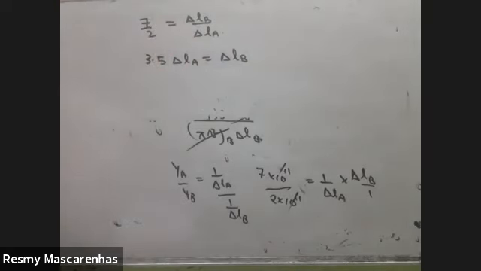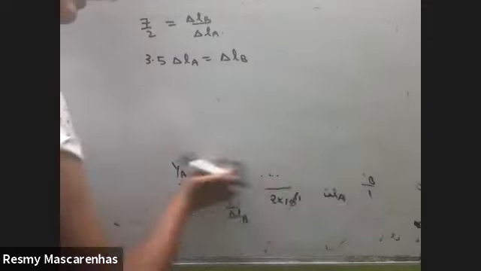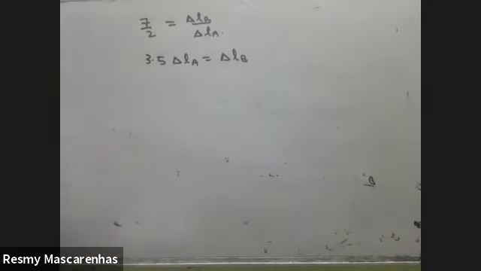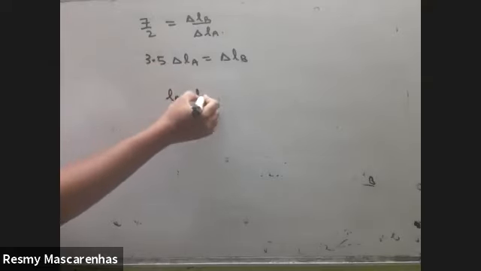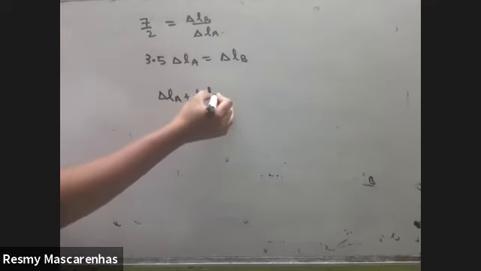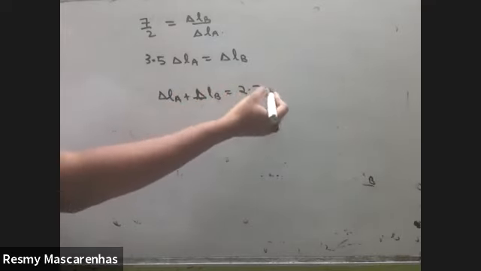So your aim is to find what is delta L_A and delta L_B. Another thing that has been given is their composite increase, which is 2.7 mm.